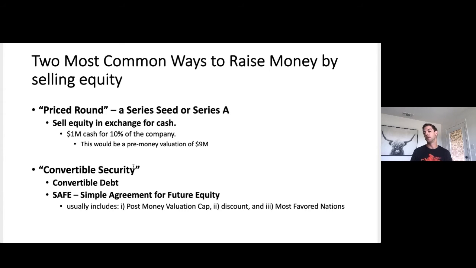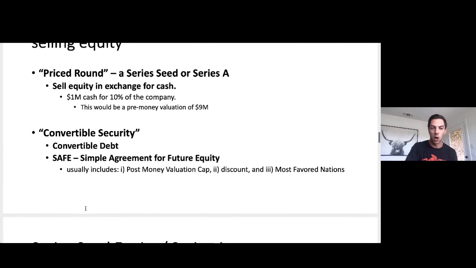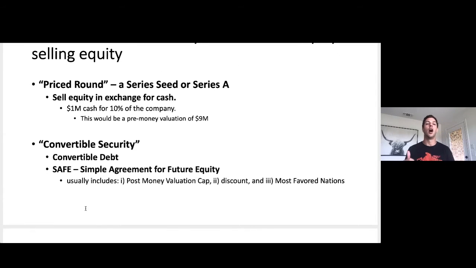There are two types of convertible securities: convertible debt and something referred to as a SAFE, a simple agreement for future equity. These are very similar instruments, and both almost always include a valuation cap, a discount, and what we frequently refer to as a most favored nations clause. We're going to talk about these specific terms in just a second.